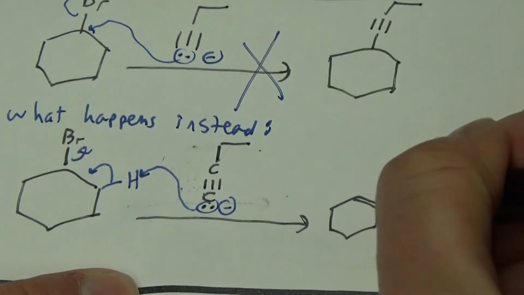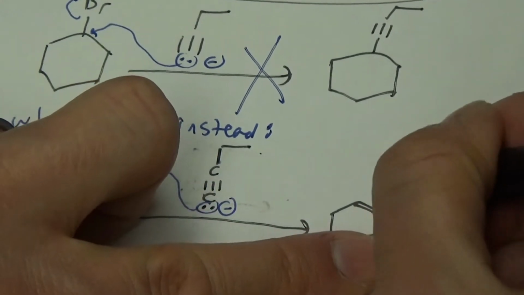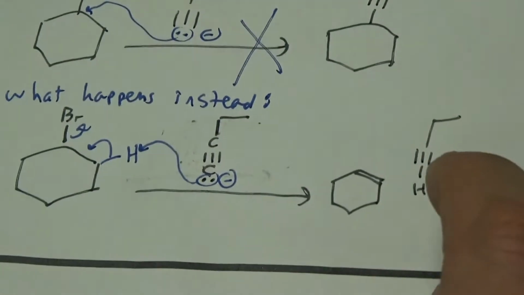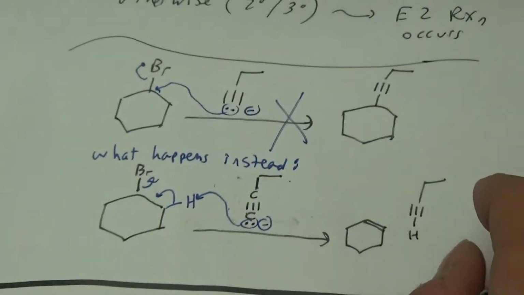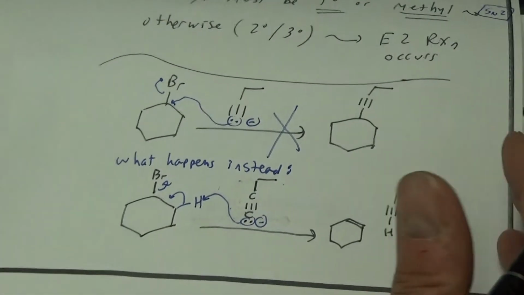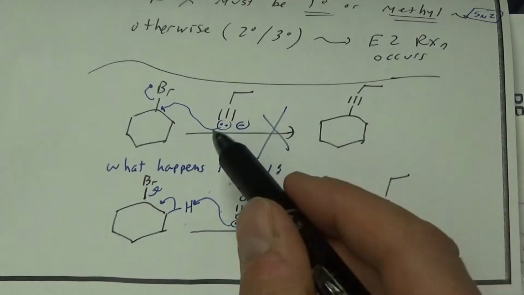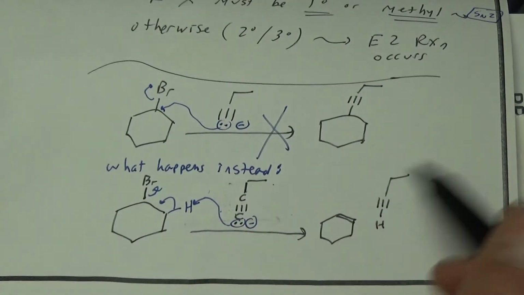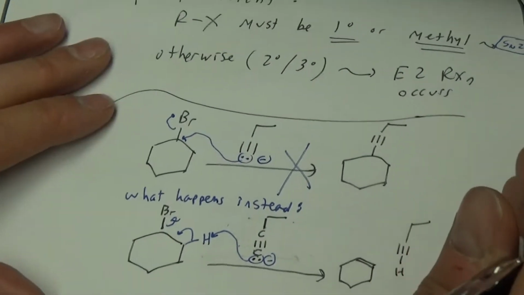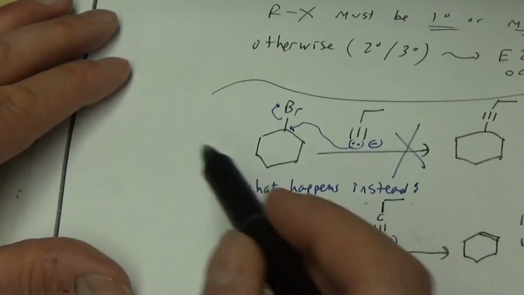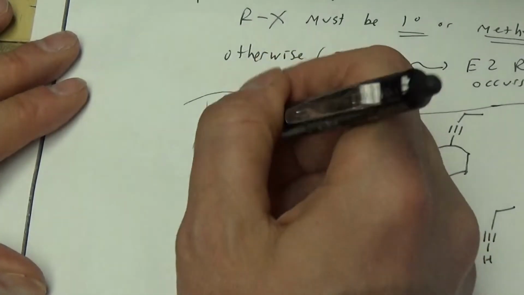And now the alkyne just has a proton on it. So you totally did not get what you wanted. You didn't get the SN2 product. You got an E2 product.